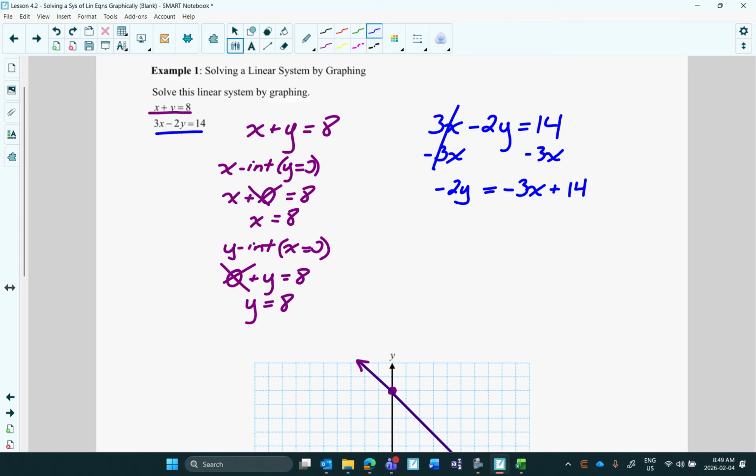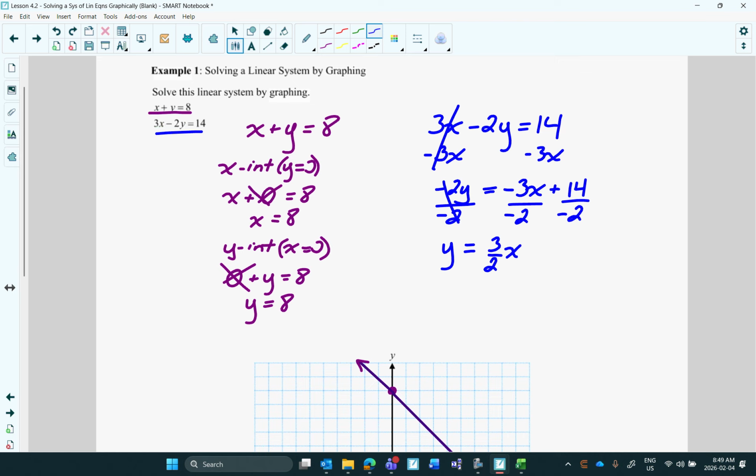What's the last step to get y by itself? Divide everything by -2. So I get y equals, well, this doesn't divide cleanly, but 2 negatives make a positive. So I can just write 3 over 2 x. But this does divide cleanly.